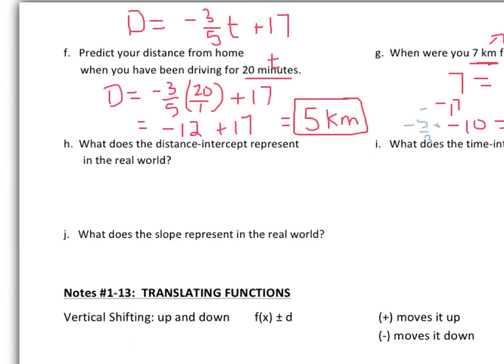Okay, in part H it says, what does the distance intercept represent in the real world? Well, our distance is our y, so they're really asking us what the y-intercept represents in the real world. So if you remember a graph, our distance is going to be up here somewhere. So what does that intercept represent? So if you remember, that's going to be the distance when the time is 0. So you just write that out.